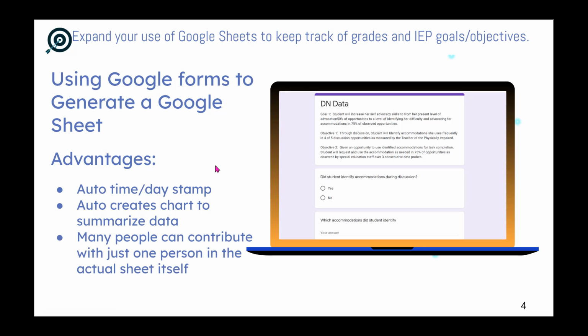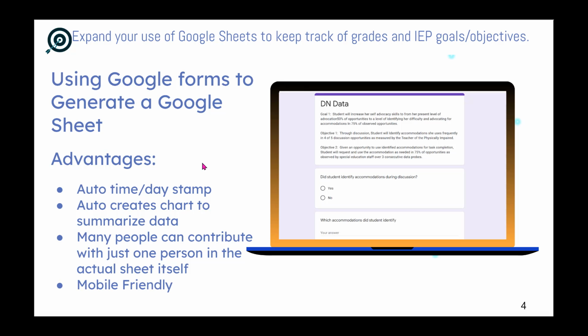Another advantage is that many people can contribute to collecting the data you need without you ever actually having to give access to the spreadsheet where you're storing that data. So you can easily share it with a paraprofessional or related service provider and not worry about how tech savvy they are, as they can't mess anything up for you if they're just using that Google form.